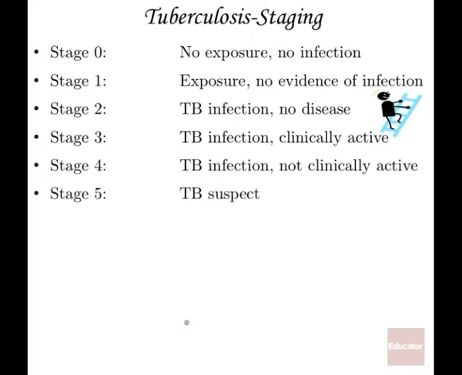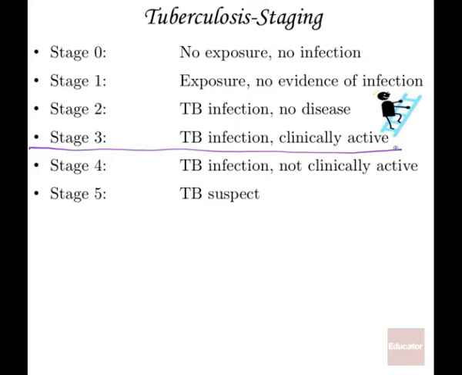So the real serious stage here is stage 3, where we have a TB infection and clinically active. Now, beyond that point, you can have a TB infection without being clinically active, and stage 5, you're suspected to have TB. So, of course, stage 0 is no evidence of disease.